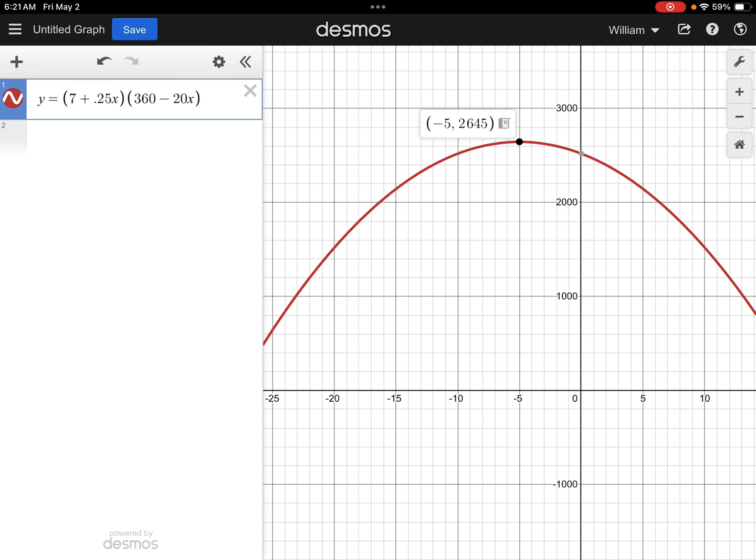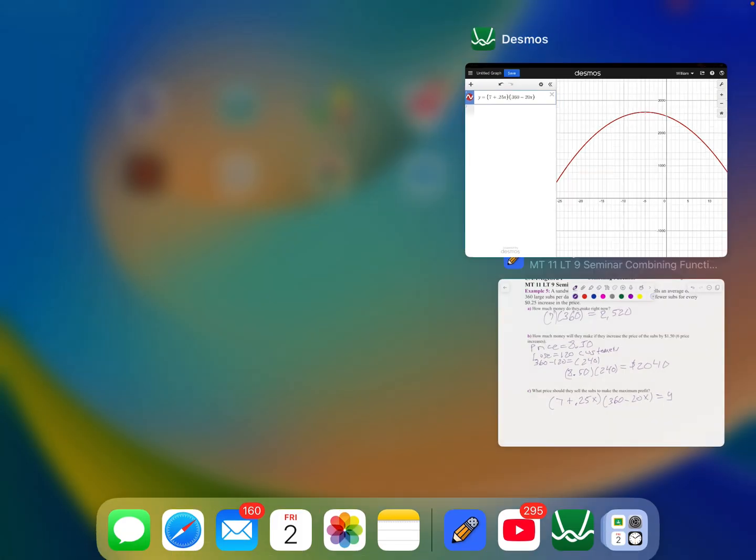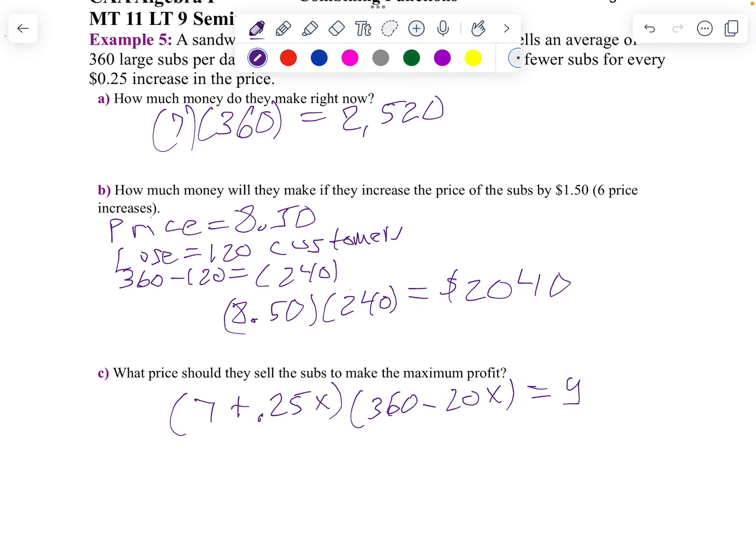They should decrease by 5 price decreases. So it should go down 5 times 25, which is 125. So they should decrease their price by $1.25.